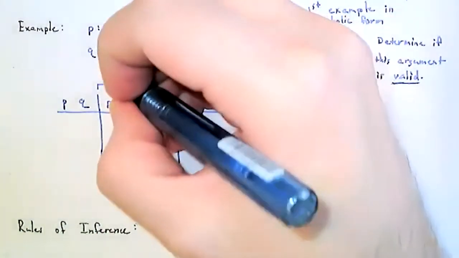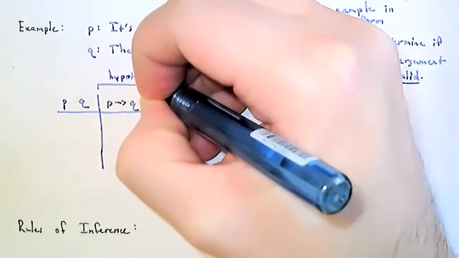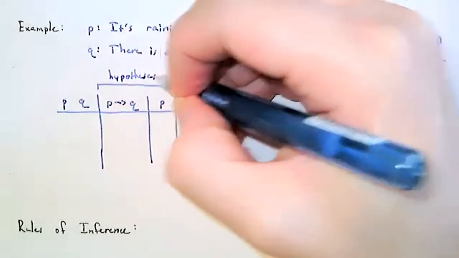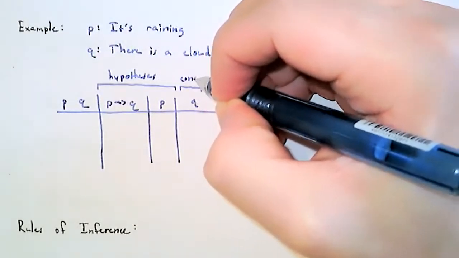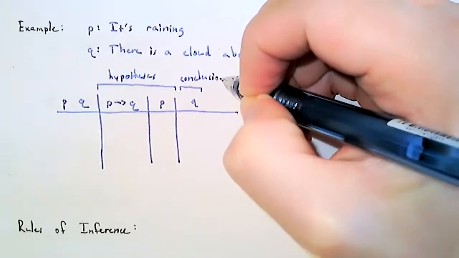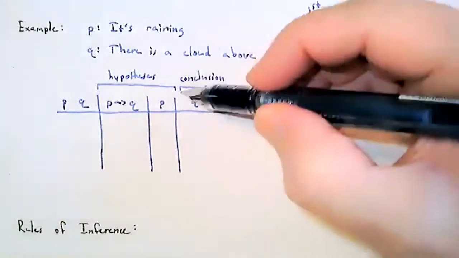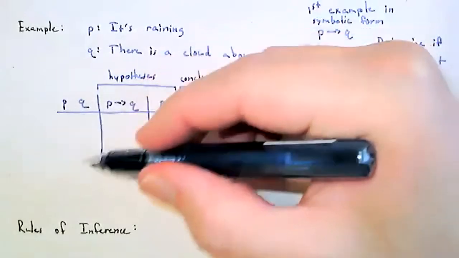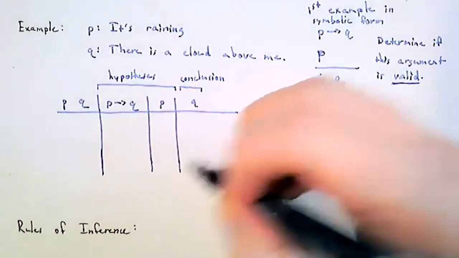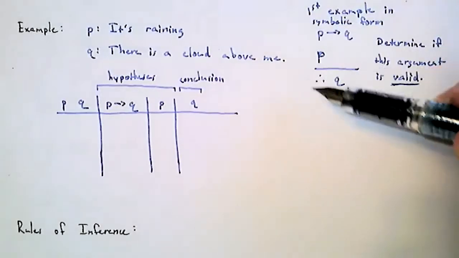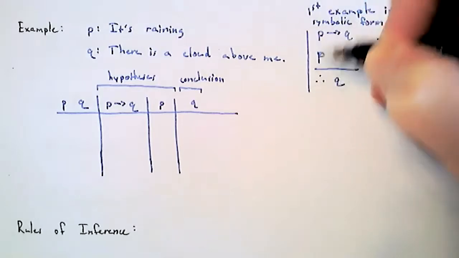So these are my hypotheses. Each one gets a column. And this is my conclusion. And in case you're wondering why I put these extra columns here for P and Q, even though we're already going to have them, it's because a lot of the time when you have symbolic arguments like this, you will have things that are more complicated.